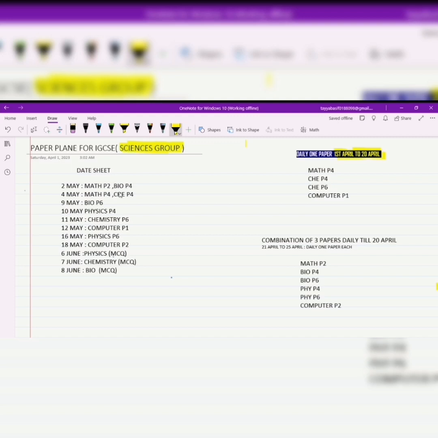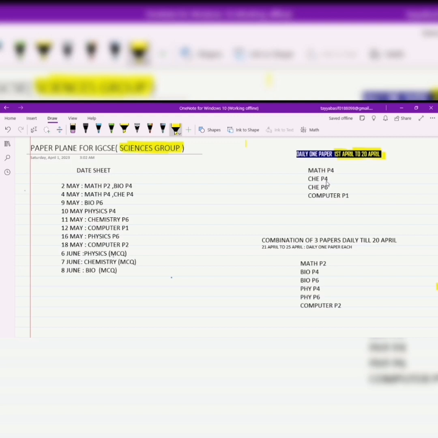But if you notice here, I have designed it in a way that on 20th April, before the start of the exam, your maths paper 4 will be covered. Your practice of 5 years will be done before the start of the exam. Like chemistry P4, you have no break. We have sorted that out. We have solved 20 past papers of this, and we have no problems at all.